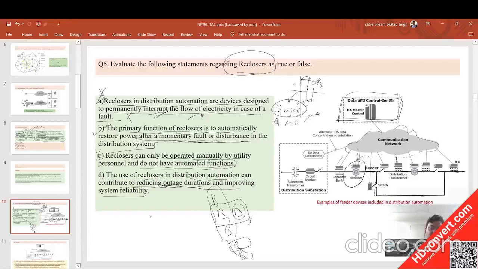Because the recloser again tries to close the switch and make power flow possible in the system again. So improving system reliability is also one of the features of the recloser. So B and D options are correct.